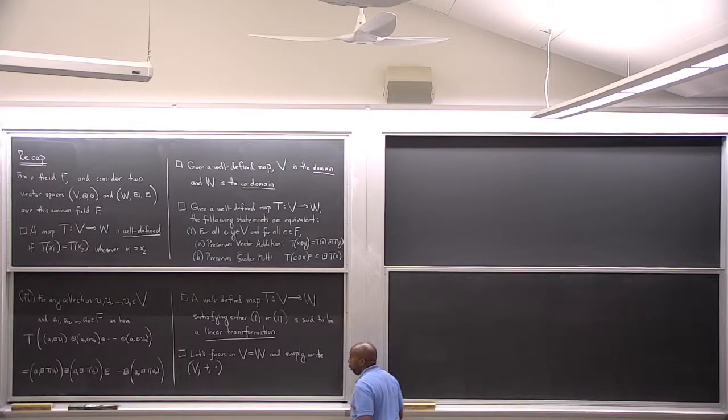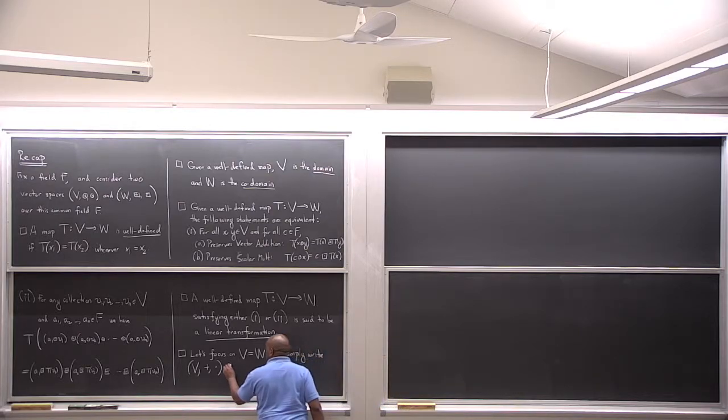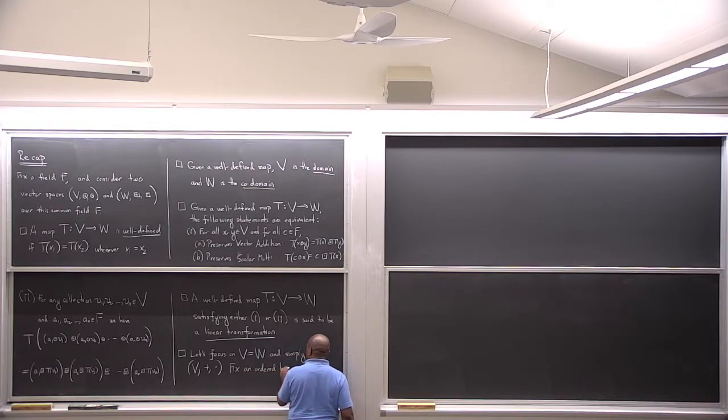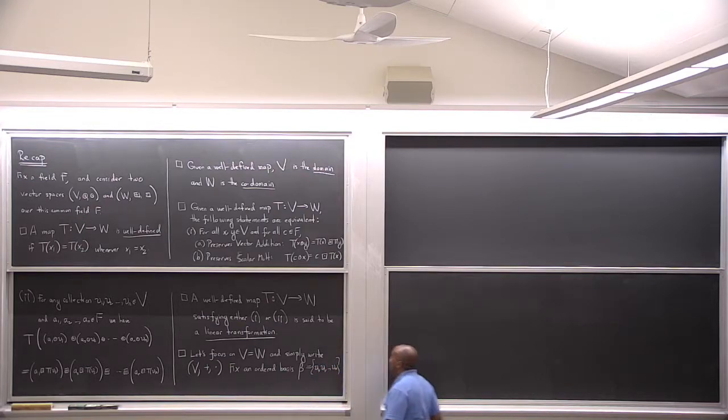Now I want to choose an ordered basis. And let's call this here beta, perhaps corresponding to these vectors v1 through vn.